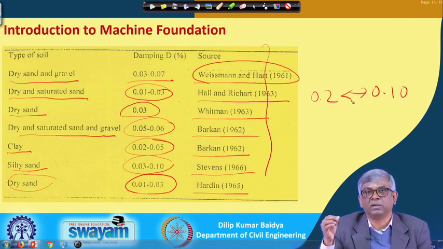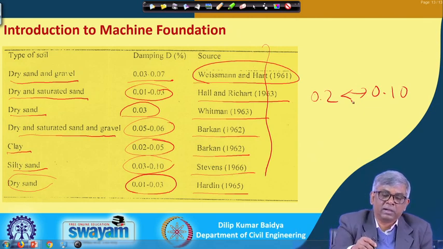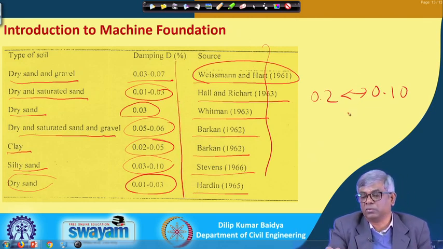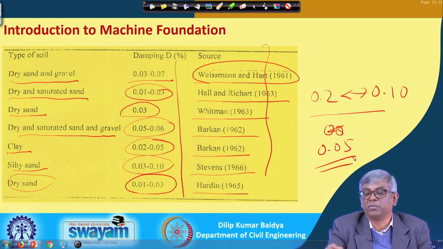And then you need to find the damping, and if the damping value is not given, then we can assume something in the range of 2 to 5, approximately 5% most of the time.